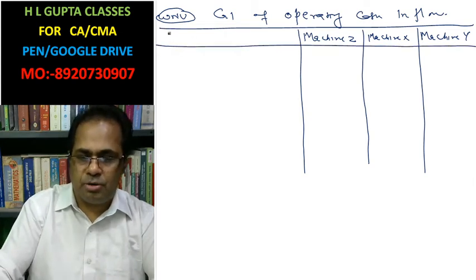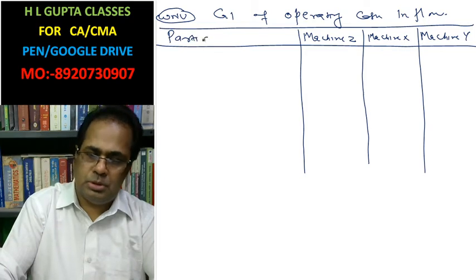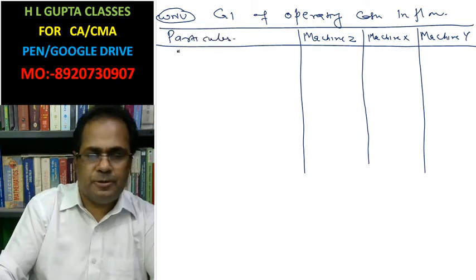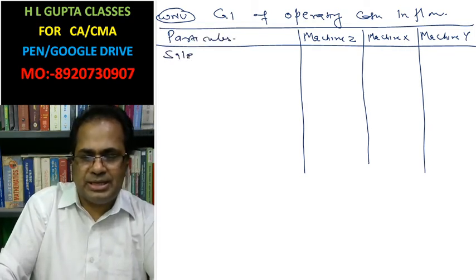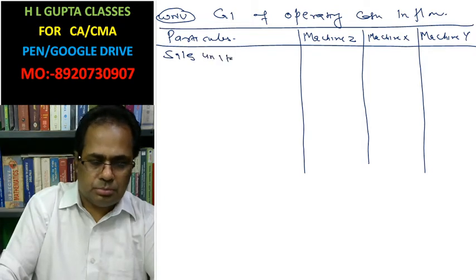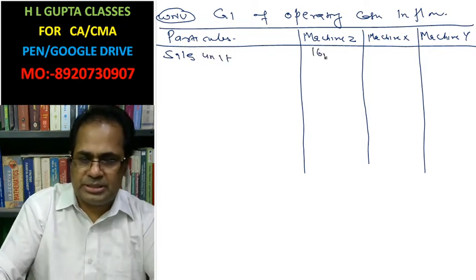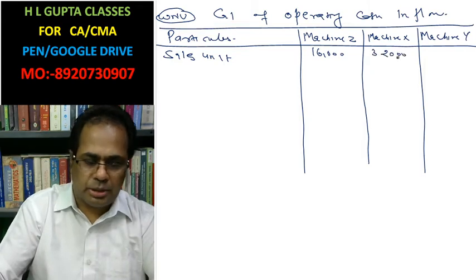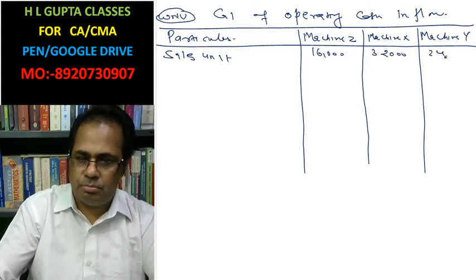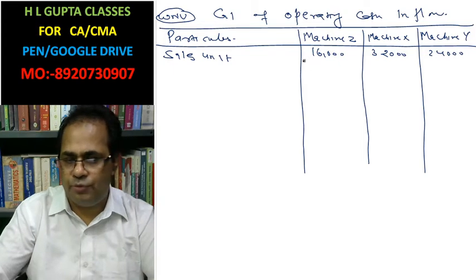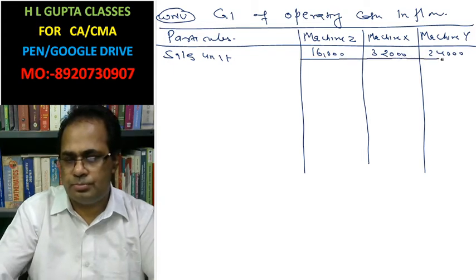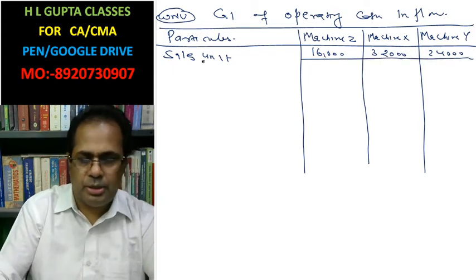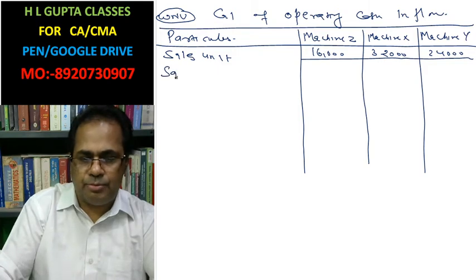Under particulars, here sales units are given: 16,000 units, 32,000 units, 24,000 units.